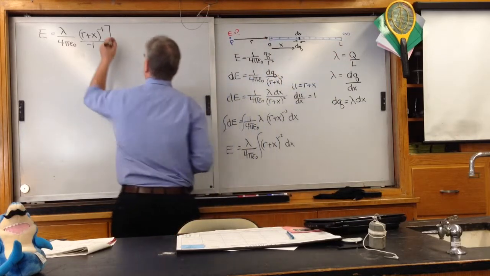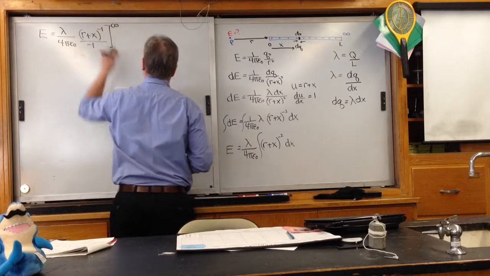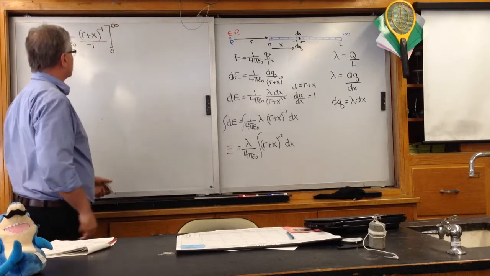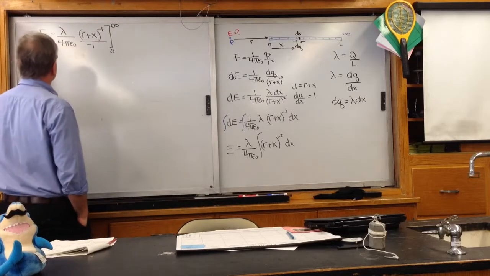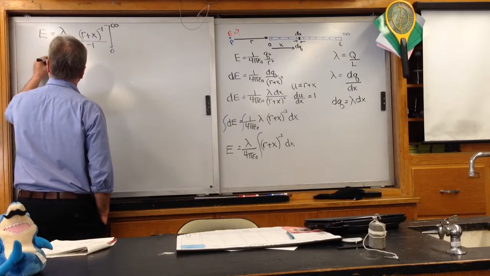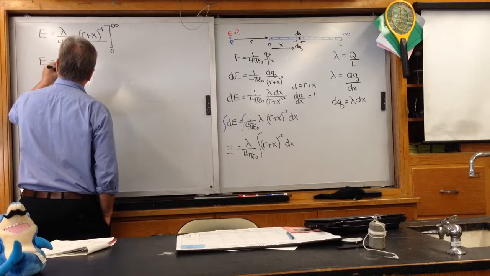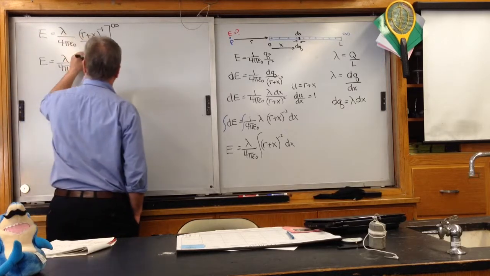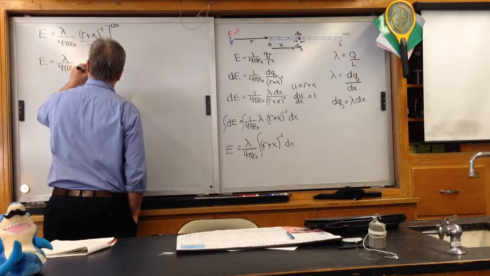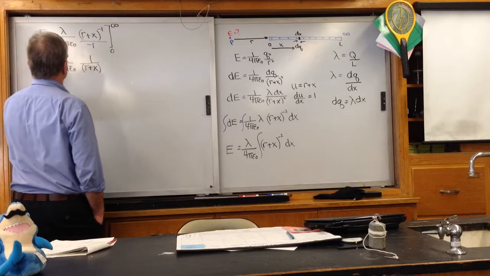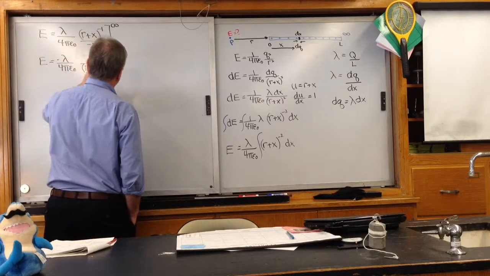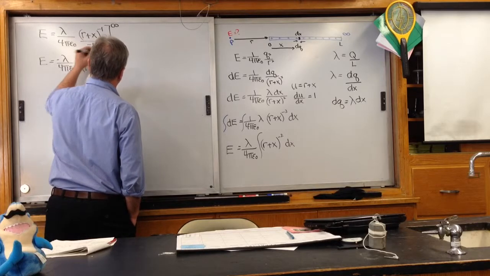In this case, I'm actually going to a length of infinity because the bar is infinitely long. So here we are in this particular position. Now, if we start to rewrite this and evaluate it, we have lambda over 4 pi epsilon naught, r plus x to the negative 1. That goes back down in the denominator where it belongs, and it kind of looks like that. Minus 1, I'll just put the minus sign on the outside. It looks like that. All right, and we're going to evaluate this from 0 to infinity for the length of the bar.